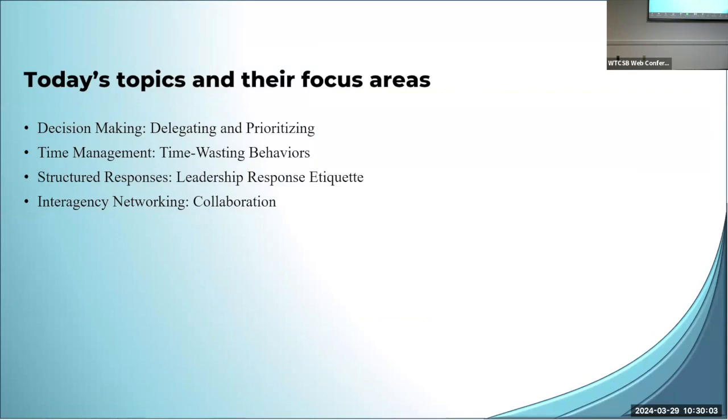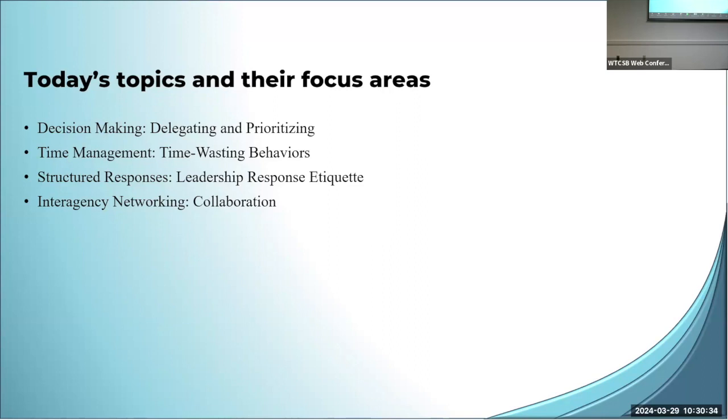I found some fun statistics that I really enjoy reading, because you don't realize how much of your time you waste on emails until you start reading the statistics and checking them out. We'll be talking about response etiquette: how you respond to both your staff and leadership, and how your staff respond, how they write appropriately or not appropriately to people.